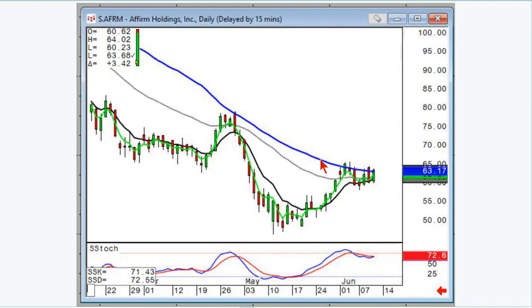So a bobble breakout is merely a J-hook pattern that has a resistance level that everybody can see. All right, did that clear it up for you, Andrew?